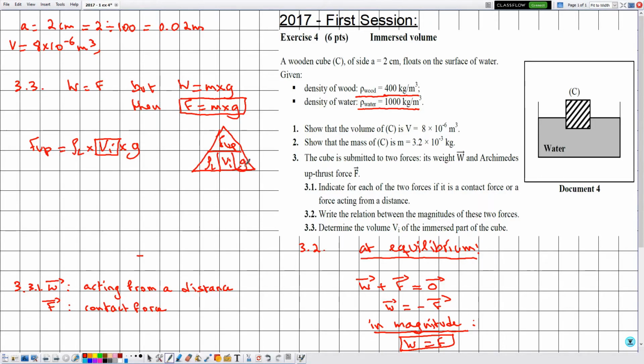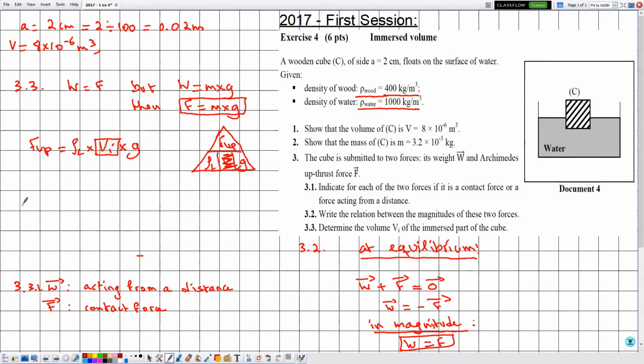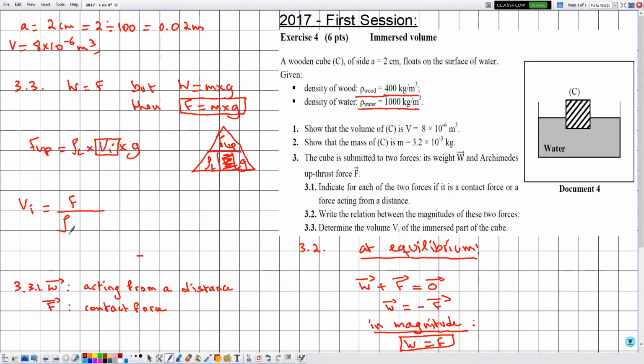We are interested in determining the value of VI, which represents the volume of the immersed part. So putting our hand over VI, VI is given by the value of F upthrust, which is denoted by F, divided by the density of the liquid, which is denoted by rho water, multiplied by G.